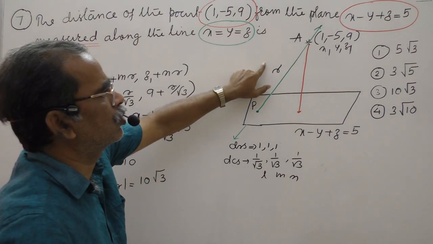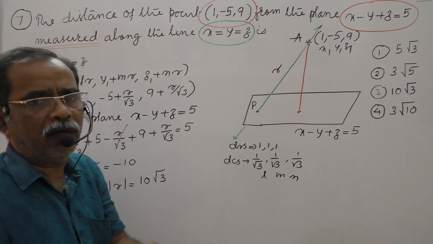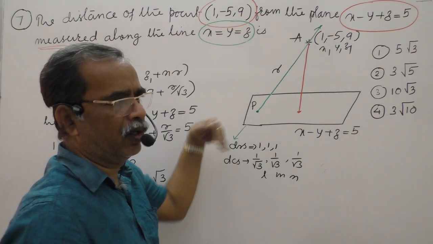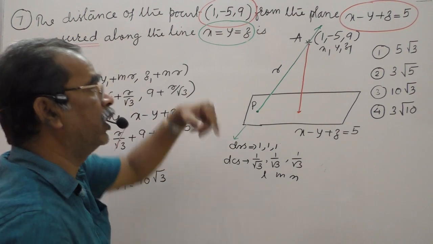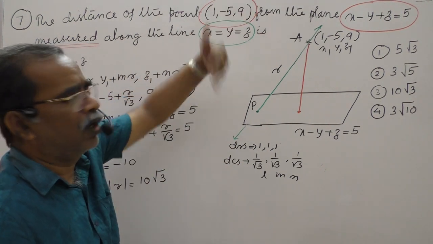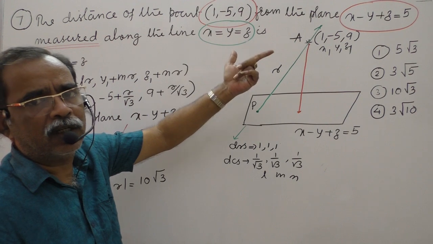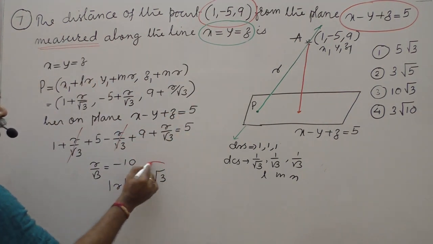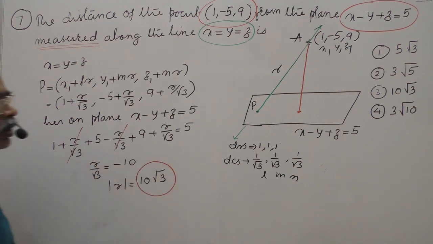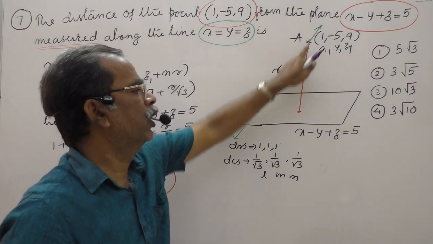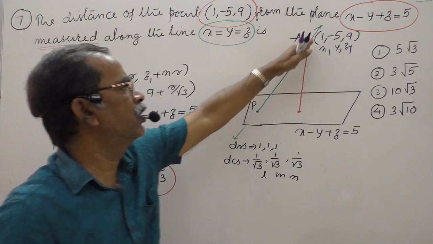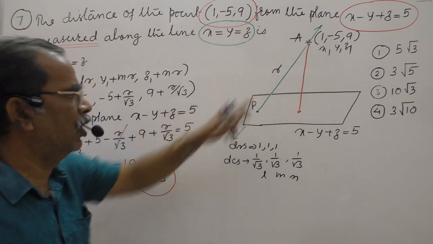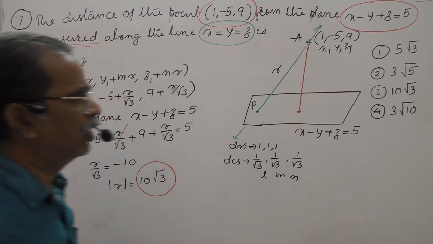R is distance, so mod r will give us two values, for the first value one point, for the second value one point. The distance magnitude will be the same, no? Therefore I took mod. Therefore the distance from the given point to the given plane measured along this line, that is AP distance, that is r, is 10 root 3.